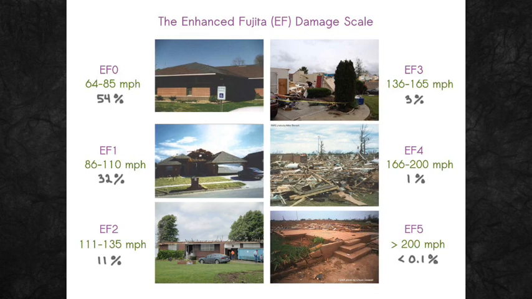Now, I should note that these numbers are for the U.S. If you go to other parts of the world, they're much more heavily skewed towards the lower end. The U.S. produces a lot more powerful tornadoes than other parts of the world. So other parts of the world are more likely to have the weaker tornadoes.